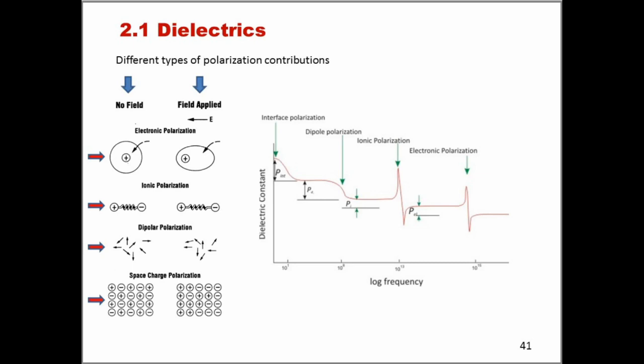where we will see, in this slide, that what responds to this electric field is not always the same thing. So polarization can take different forms. In order to understand this better, consider that this is our capacitor.